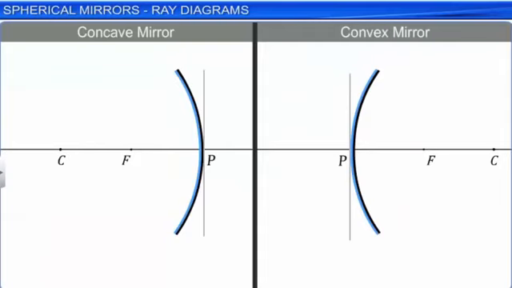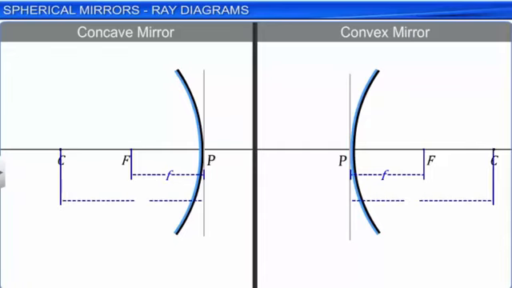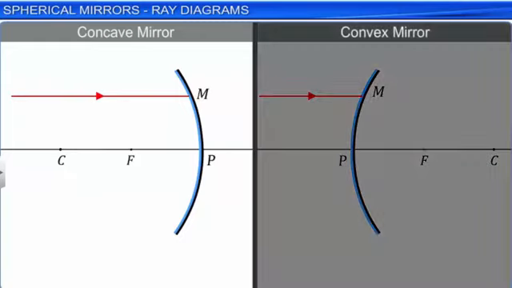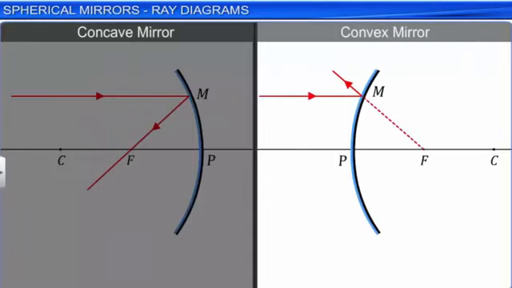Now let us derive a relationship between the focal length f and the radius of curvature R of a mirror. Consider a ray of light parallel to the principal axis incident on the mirror at a point M. We know that the ray of light, after reflection, passes through F in the case of a concave mirror and appears to diverge from F in the case of a convex mirror.